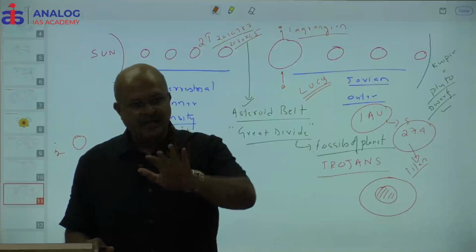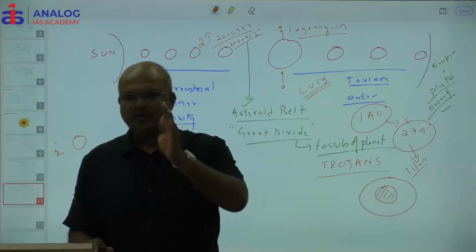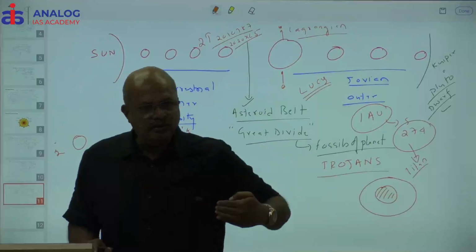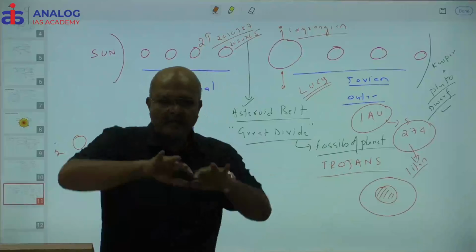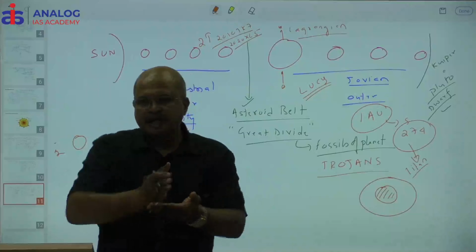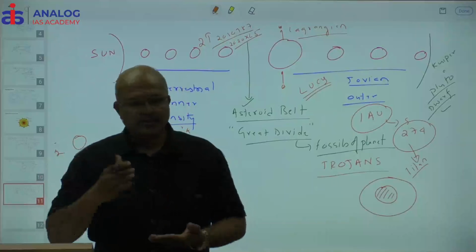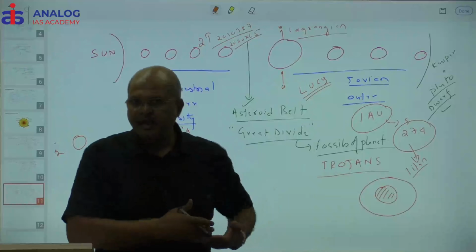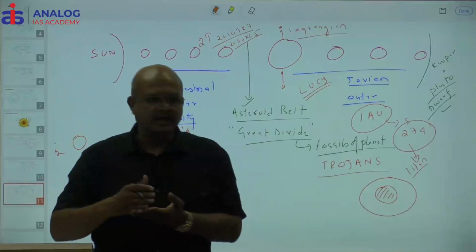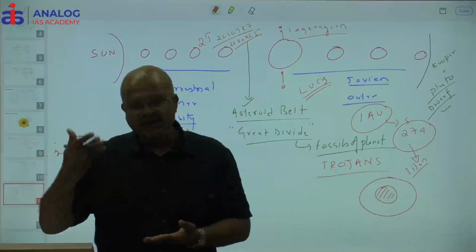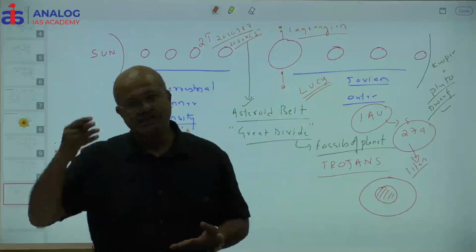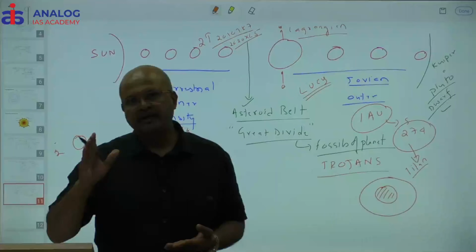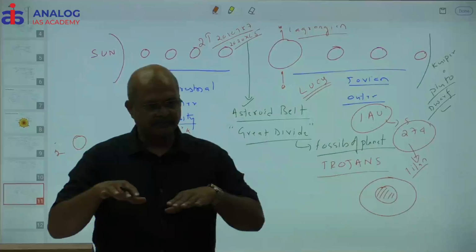Ganymede is the largest satellite of Jupiter. Saturn has 207 satellites, and among these, the largest one is Titan. So Titan is a satellite of Saturn, and Ganymede is a satellite of Jupiter. The largest among all the satellites is Ganymede, and the largest among the satellites of Saturn is Titan. Match the following.